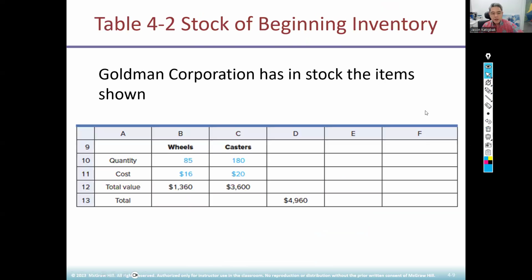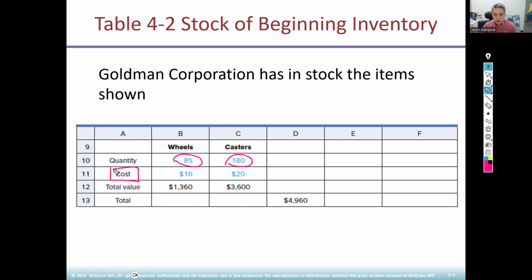And now we have here a stock of beginning inventory. So we have 85 units of wheels and 180 units of casters.